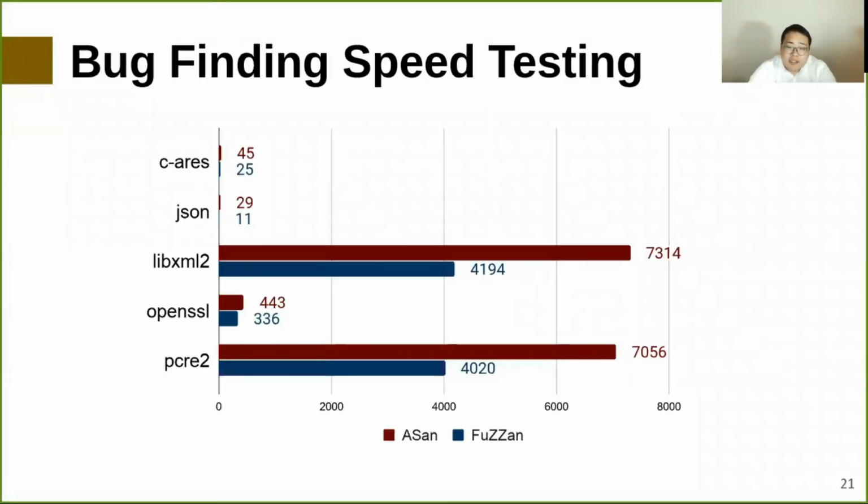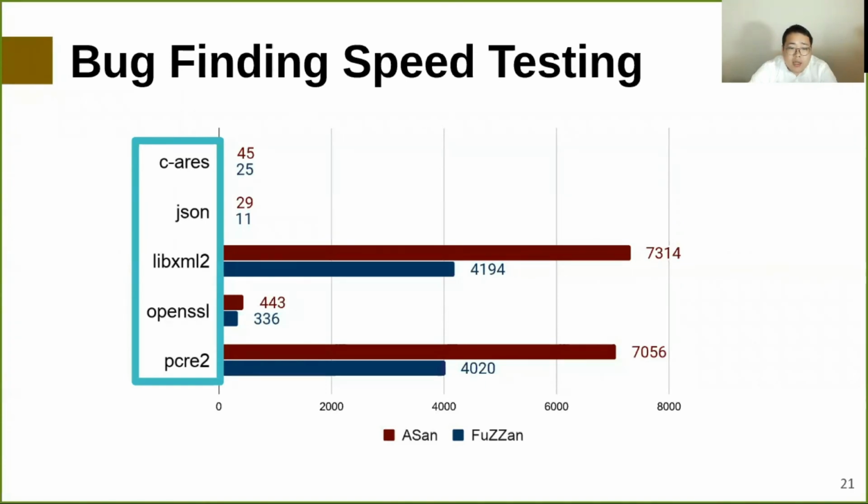To demonstrate this, we evaluated Fuzzan's bug finding speed and compared it to a fuzzing campaign with the Address Sanitizer. In this evaluation, we target 5 applications in Google's fuzz test suite. We chose these applications because we found these bugs within 24 hours of fuzzing campaign. We used the provided seed set and repeated each campaign 5 times.